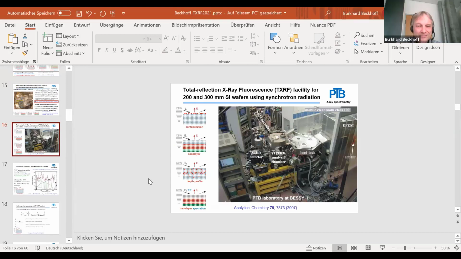So my question is, is there any different usage or purpose of the silicon lithium detector and the SDD? And also another question is, for standardization, which is better, do you think, SDD or silicon lithium detector?